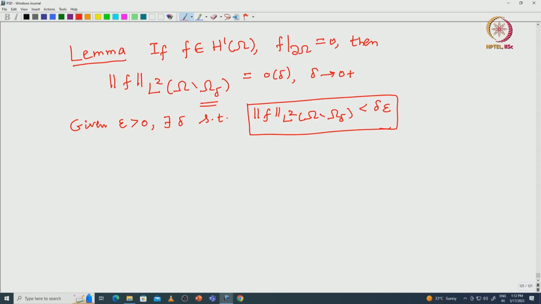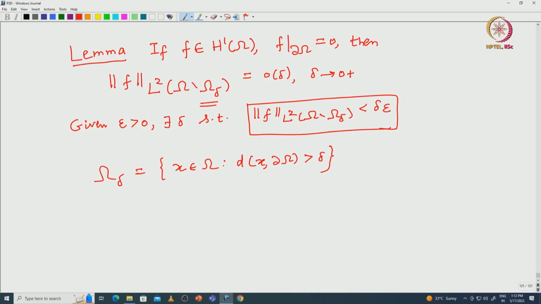So, what is this omega delta? Omega delta is the set of all x in omega which are away from the boundary by delta. Delta is small.